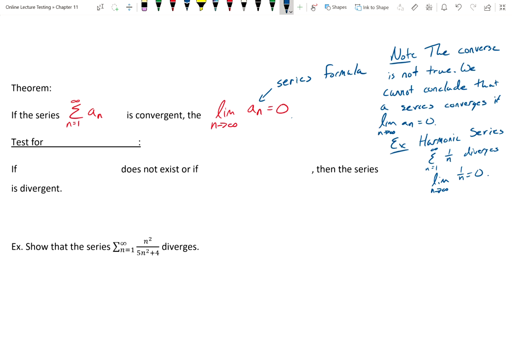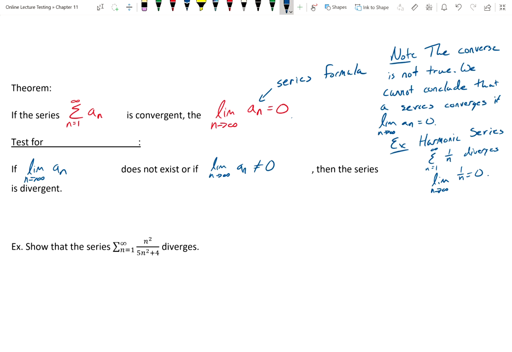Well, if the limit as n approaches infinity of a sub n does not exist, or if the limit as n approaches infinity of a sub n is not equal to 0, then the series is divergent.